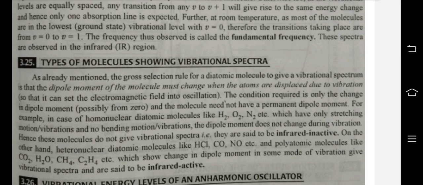For example, in the case of homonuclear diatomic molecules like H2, O2 and N2, which have only stretching motion and no bending motion or vibration, the dipole moment does not change during vibration. Hence, these molecules do not give vibrational spectra, that is, they are said to be infrared inactive.